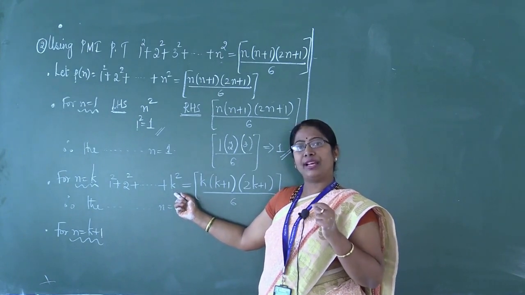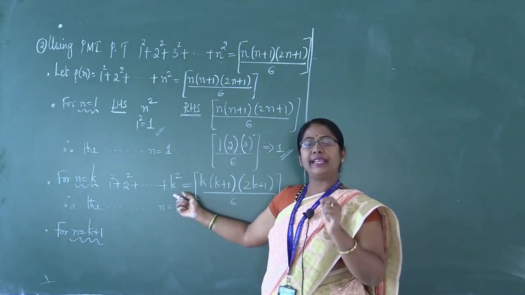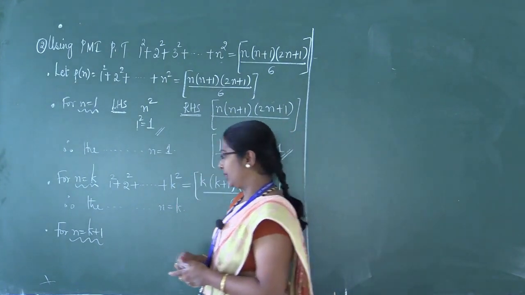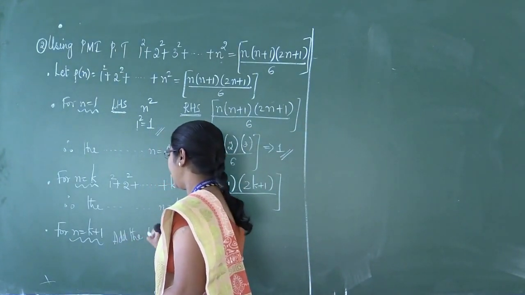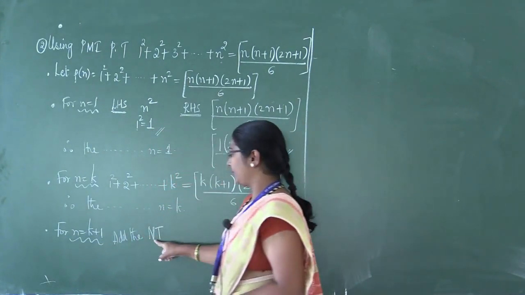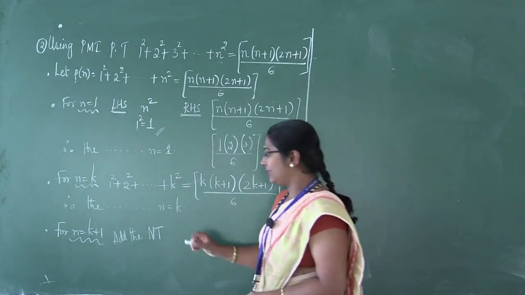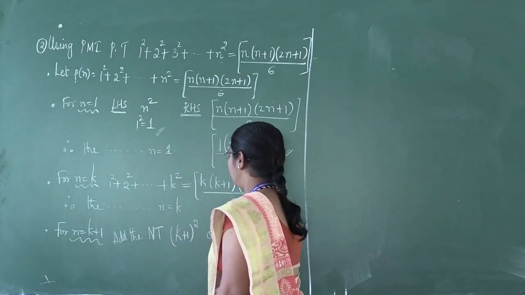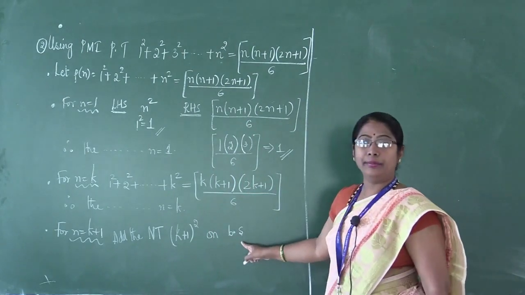Which number should I add? Plus 1. After adding plus 1, what will be the next term I get? It is k plus 1 whole square. So, here add the next term. NT, I'll just write in short form, it's the next term. Add the next term, k plus 1 whole square, on both the sides.